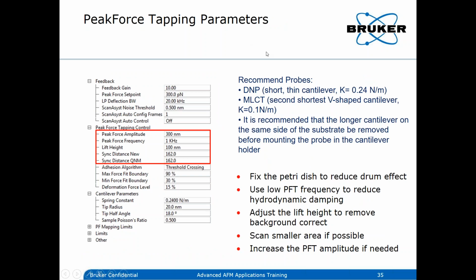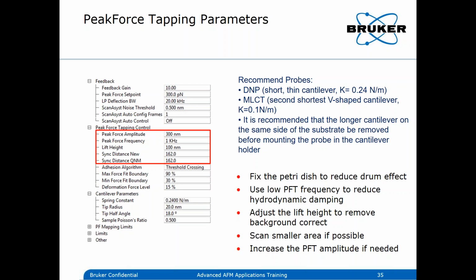The parameters themselves: the recommended probes for the whole thing are short cantilevers. Here it says it's recommended that the longer cantilever on the same side of the substrate be removed because it might interfere. Just remember that you have two cantilevers neighboring each other, one short, one long.